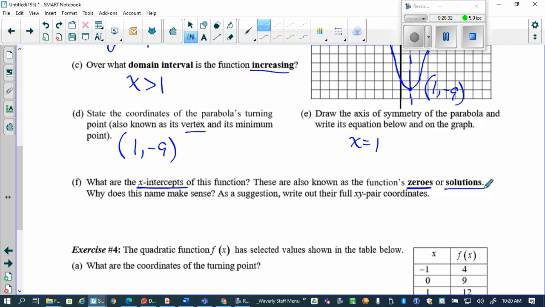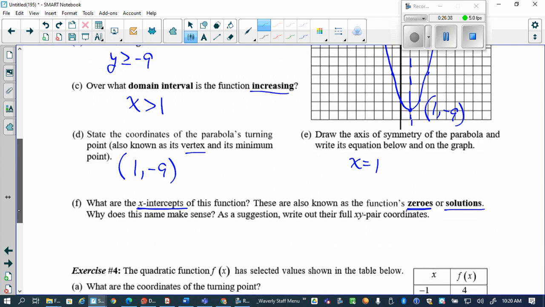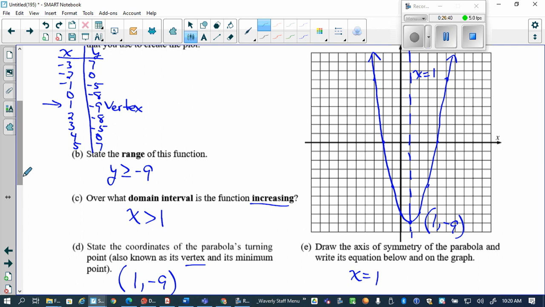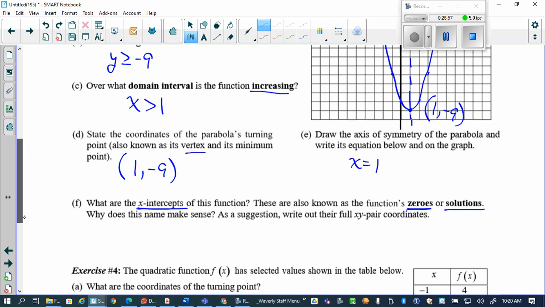Why would they call the x-intercepts the zeros of the graph? Whenever it crosses the x-axis, the y values, the outputs, are 0. And how many times does that happen in this graph? Twice. So how many zeros does it have? 2. Two x-intercepts, two solutions.